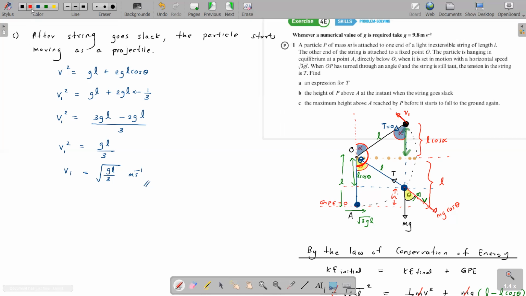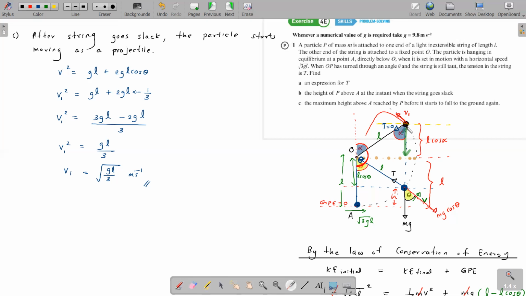In the projectile motion, it's going to go in a path like this. Can you guys see what's going on here? So guys, this is important.